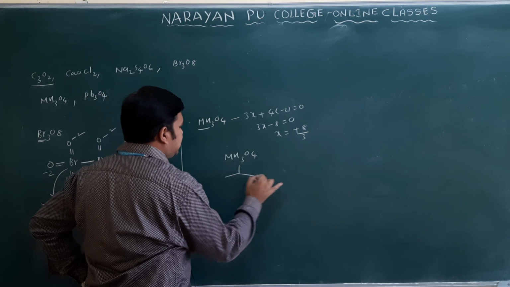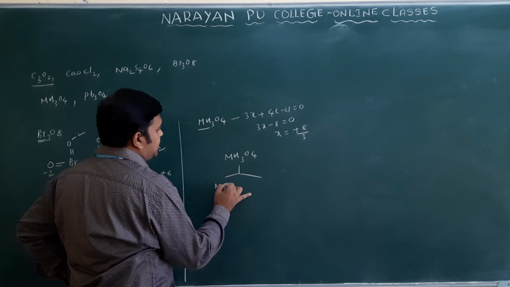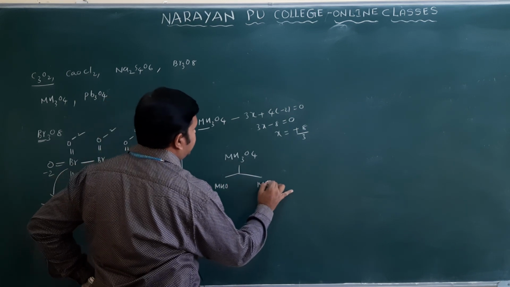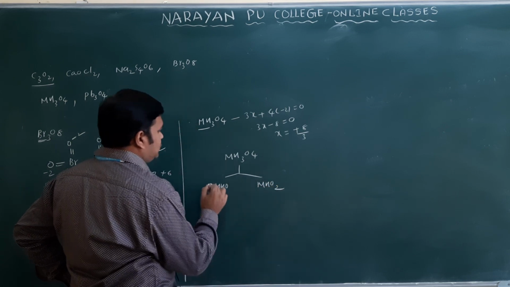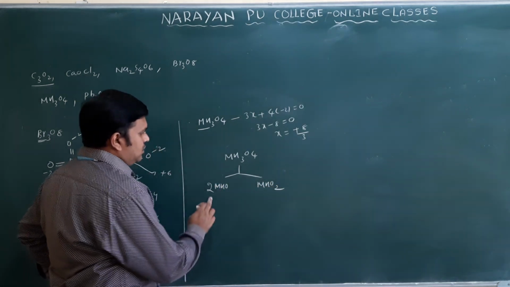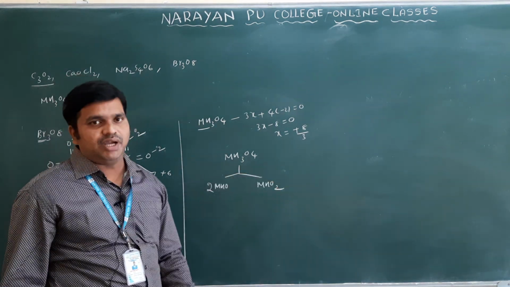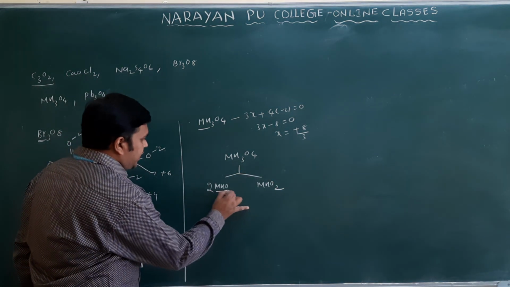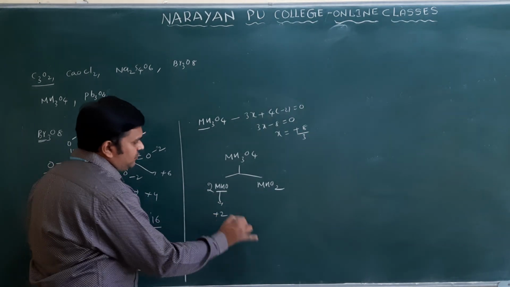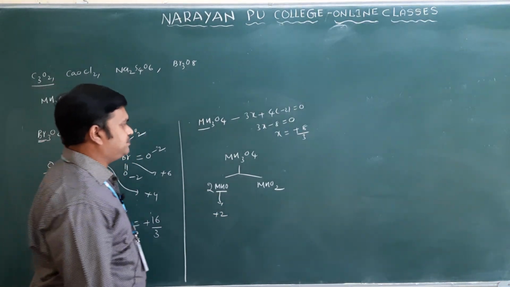Mn3O4 can be written as MnO and MnO2. How many manganese are there? 3 manganese. How many oxygens? 4 oxygens only. The oxidation state of manganese here you will get plus 2 only.